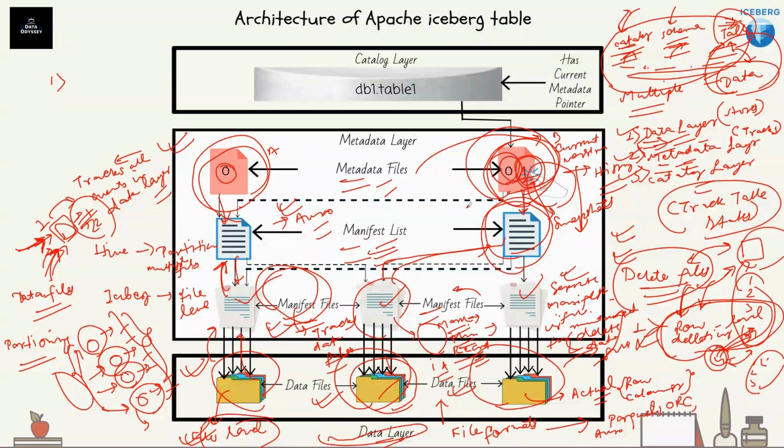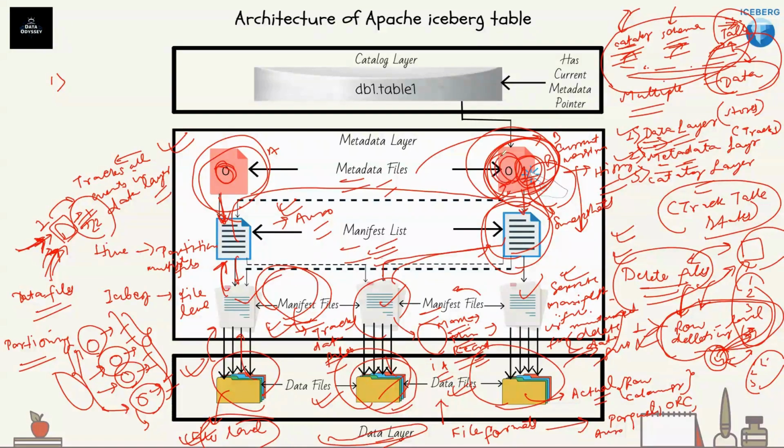Why do I say this? Because if you see over here, snapshot 0 is over here, right? Now metadata file A is pointing to this manifest list, correct? But again we have snapshot B over here of the particular table, but still this particular manifest list is pointing to this snapshot. Okay, so it points to the different snapshots. So each snapshot has got its own manifest list.